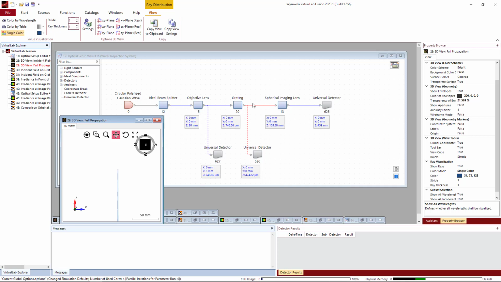So the connections actually in this schematic representation of the optical system just give us an idea or tell us what element is going to provide the coordinate system reference for the subsequent one. So this here means that I'm positioning the grating with respect to the coordinate system that is provided as a reference by this previous element, the objective lens.